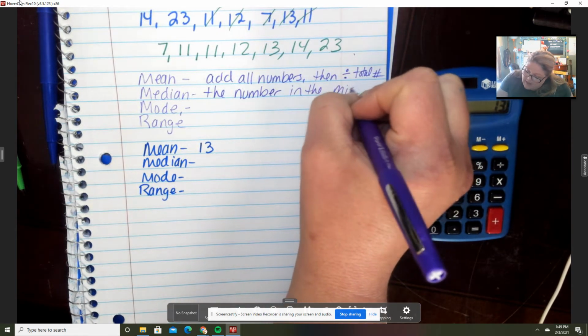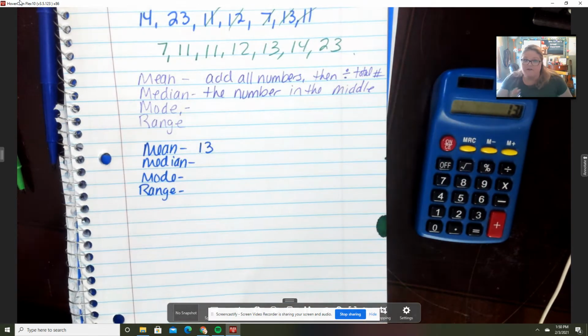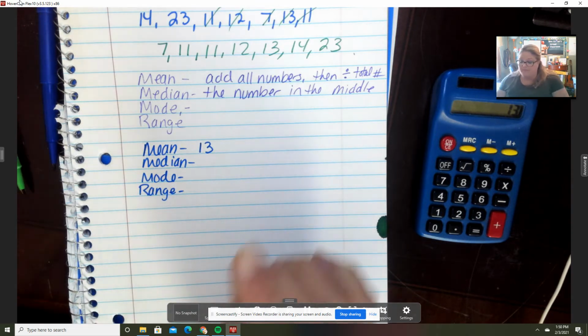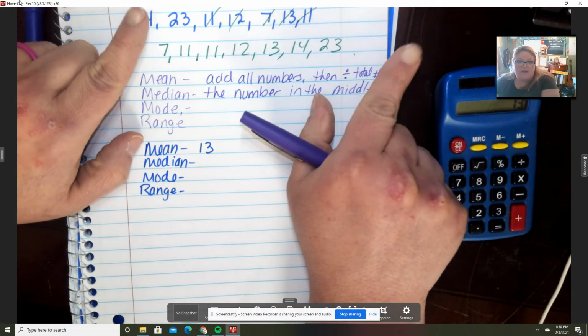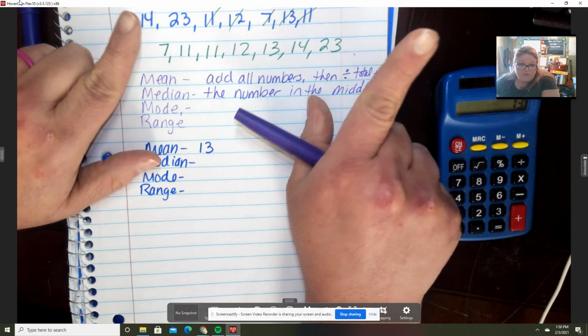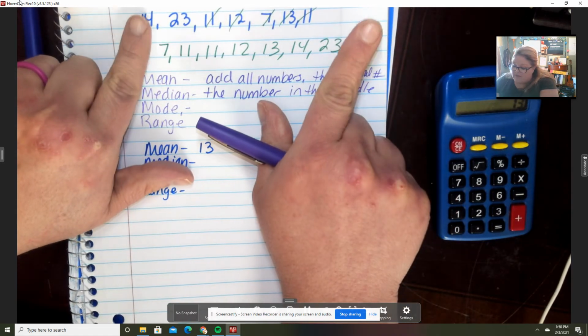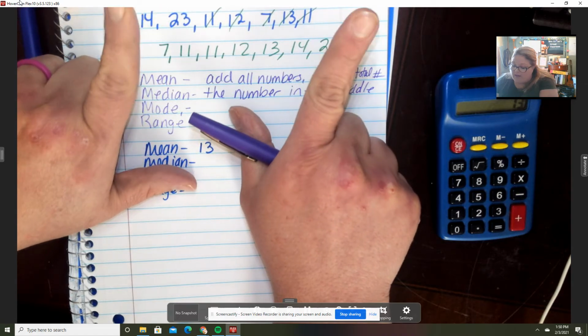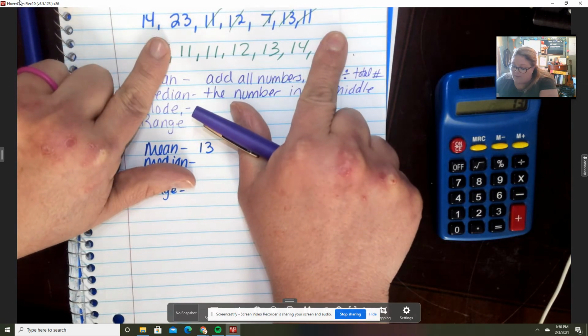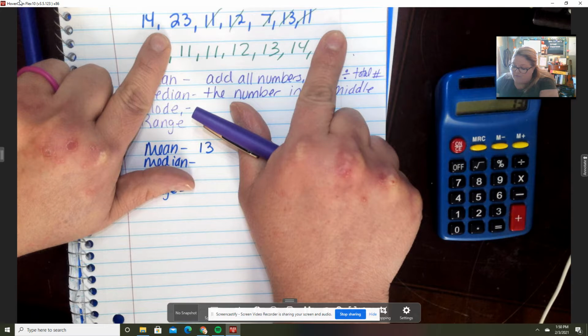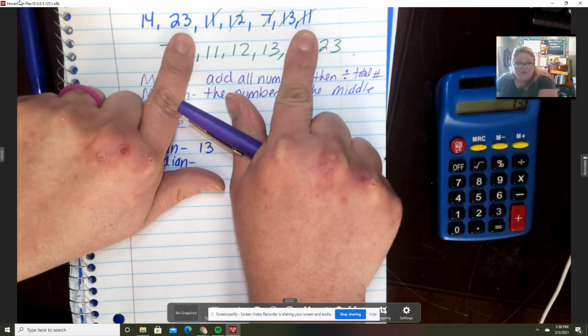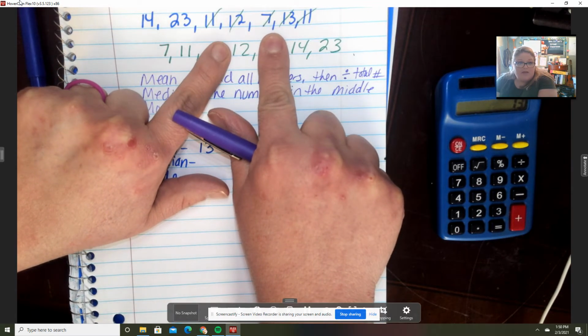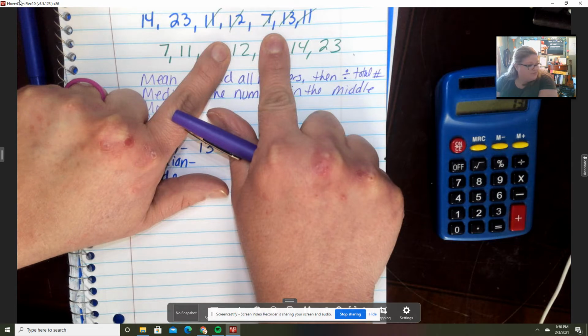Okay, and the way we find this is very scientific. Okay. No, it's not. So I take my fingers, and I block off the numbers as I'm going. So I block them off 2 by 2. My right finger and my left finger cover up a number. Okay, and then I move inward to cover up 2 more numbers. And then I move one more time until I have one number left.